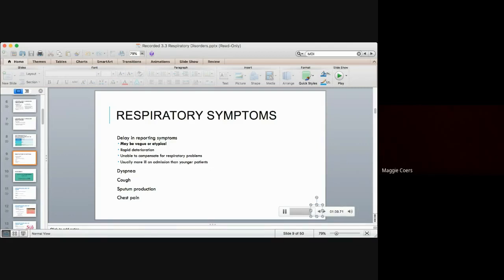Another atypical thing is maybe they can't do what they used to do, or they get really tired doing it. The older adult tends to decline pretty rapidly when they come in with a respiratory symptom, and they come in pretty sick right from the get-go.